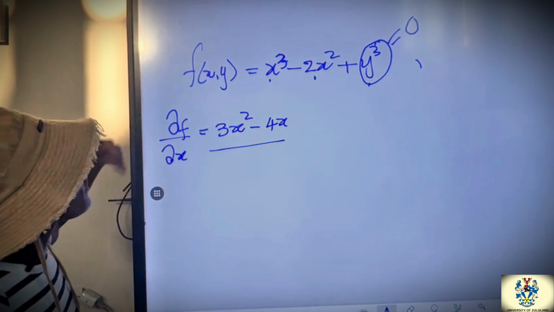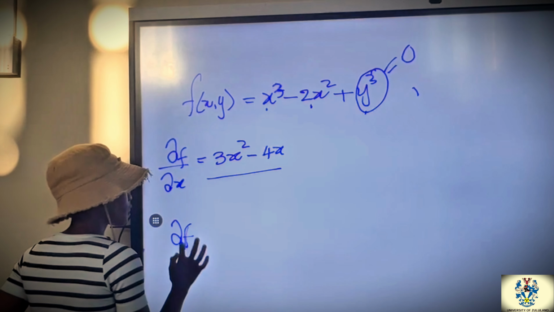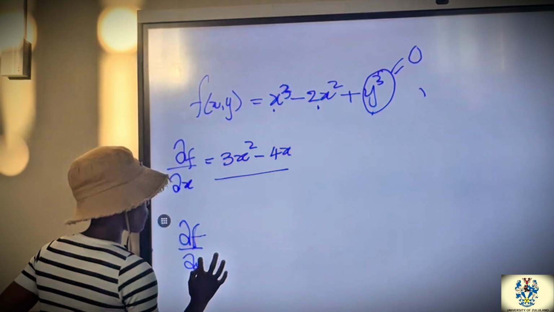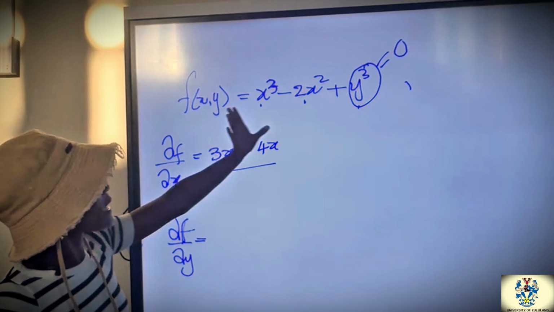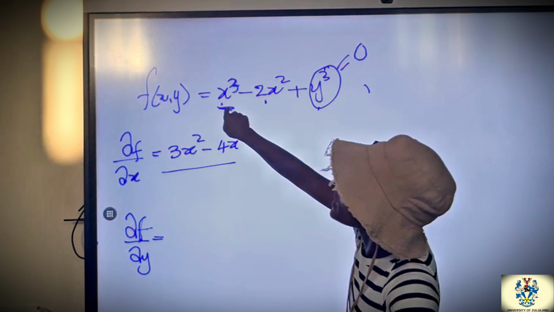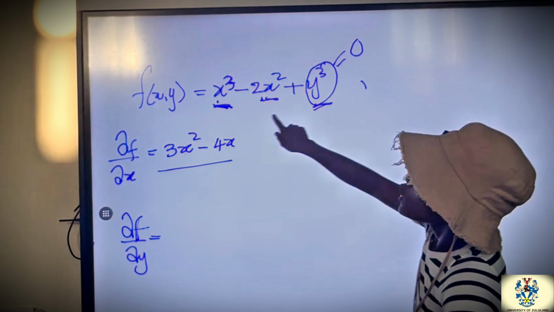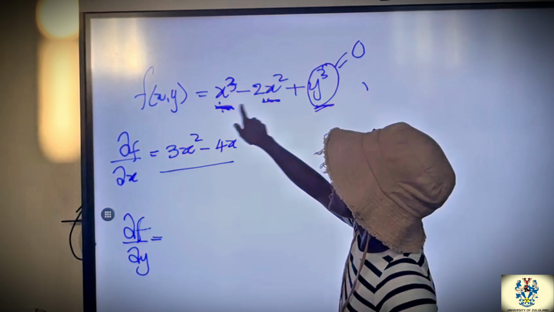Moving forward, we take the partial derivative of the function in terms of y. We don't have y in the first term, and we don't have y in the second term, but we do have y in the third. What does it mean if we don't have y?